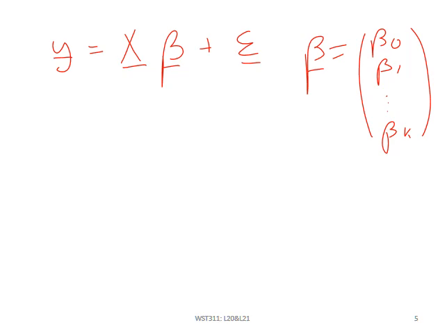We now need to derive an estimator for beta, the vector of parameters, which consists of beta 0, beta 1 up to beta k. We will once again use the least square principle to find the optimum values as estimators for beta.